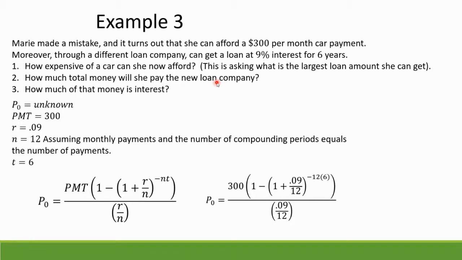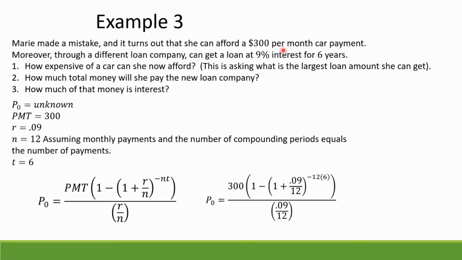So in this example as well, we still don't know what P0 is. It's essentially the same problem, but we just changed some numbers. PMT, that's the monthly payment, so in this case it's going to be $300. That's given to us. R, the annual interest as a decimal, is 0.09.